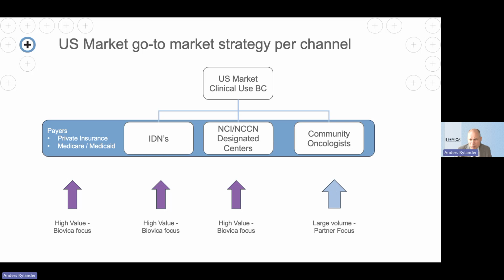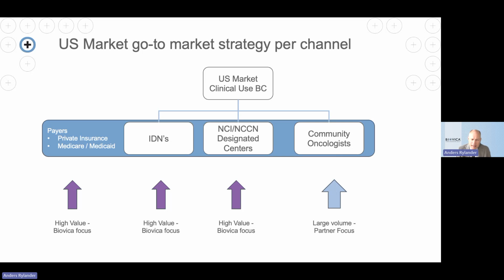And if I should break down how we see the market structured, we have the NCI centers in the middle, together with the IDNs and the payers. Those three are the core area which we will address with our Biovica organization. And the payers go across the board.